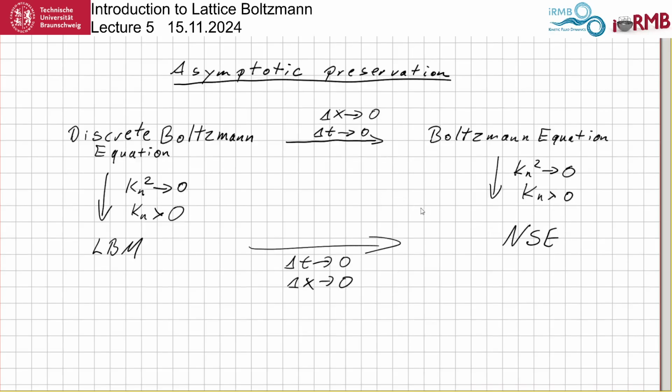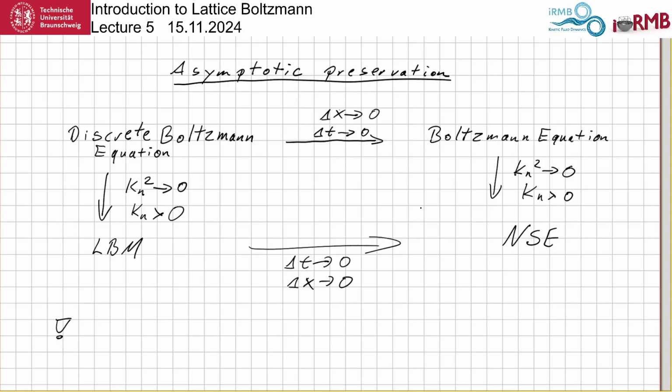This is a little bit of theory. It doesn't have that many practical implications. Okay, I should not say it does not have practical implications. It has the practical implication that we can use a discretization of the Boltzmann equation, the Lattice Boltzmann equation, to actually solve the Navier-Stokes equation.